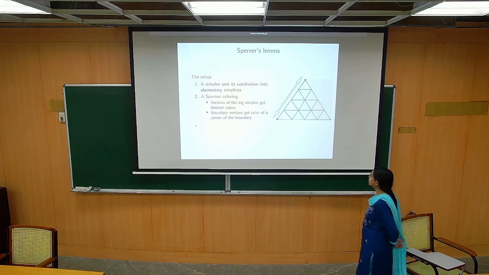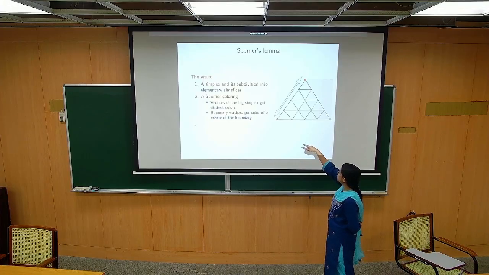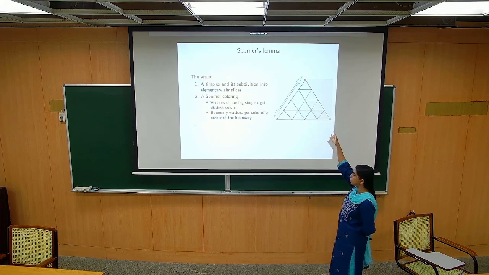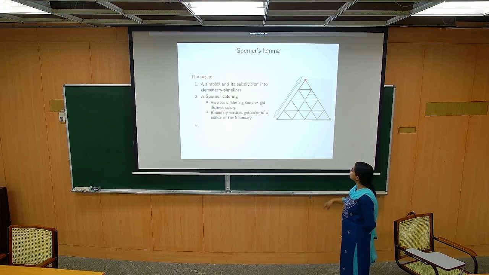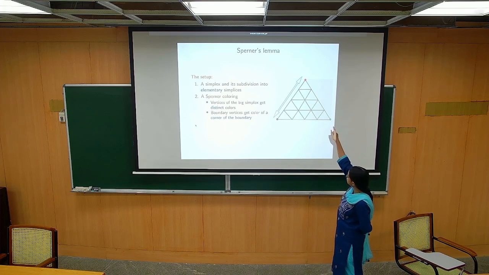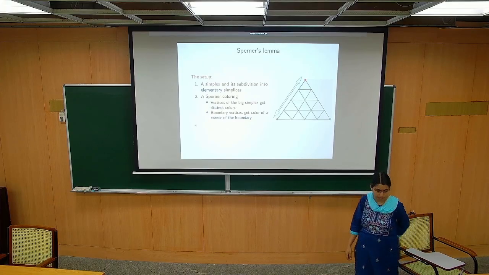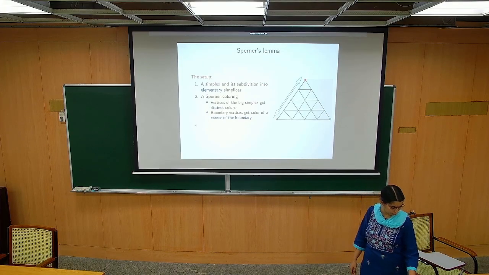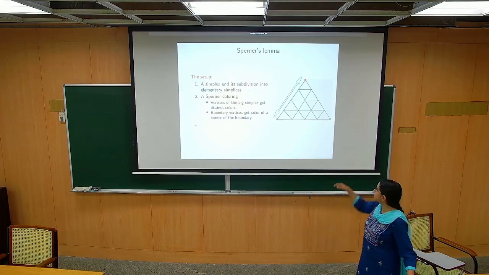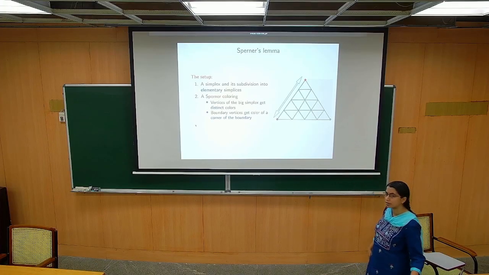There is a constraint that whenever we look at a boundary, those vertices should get one of the two colors which are present at the ends of that boundary. So the one that I have marked, every vertex should get red or purple color. Whatever way we want to assign, we can assign. But none of these vertices can get a green color.